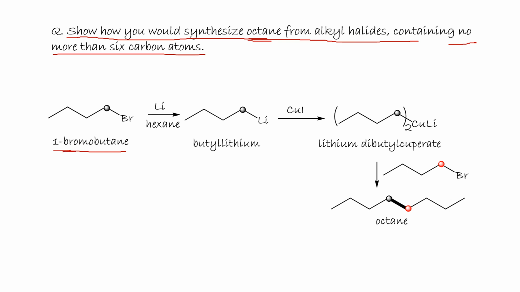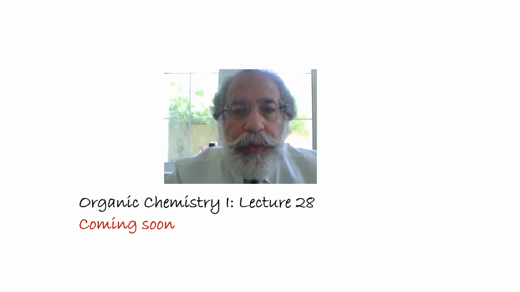So I start with 1-bromobutane, lithium in hexane to give butyllithium, copper iodide and tetrahydrofuran as a solvent, it will give lithium dibutyl cuprate. It's 4 carbons, again plus 4 carbons, 1-bromobutane once again is added to couple here to form octane. See you in the coming lecture.